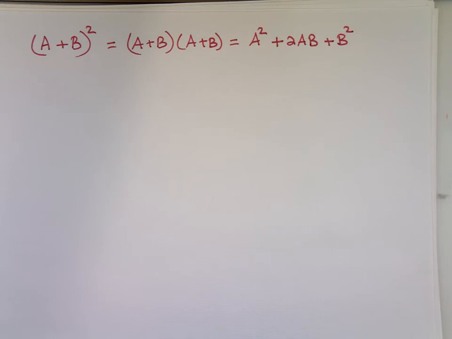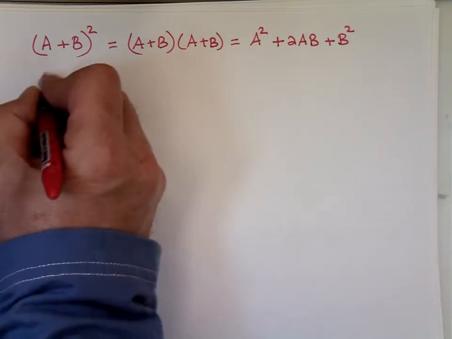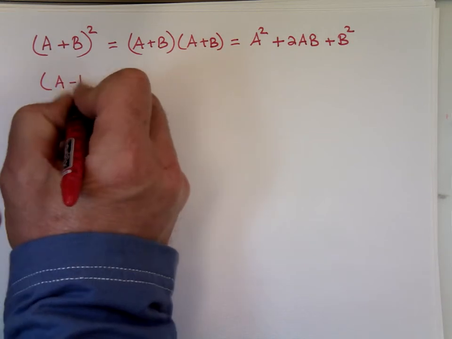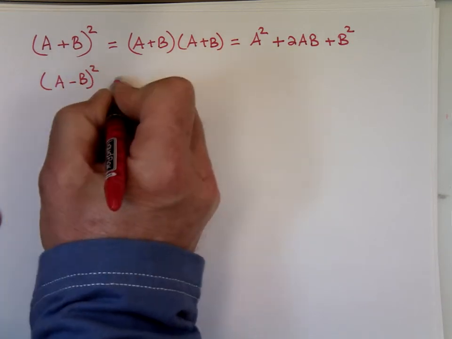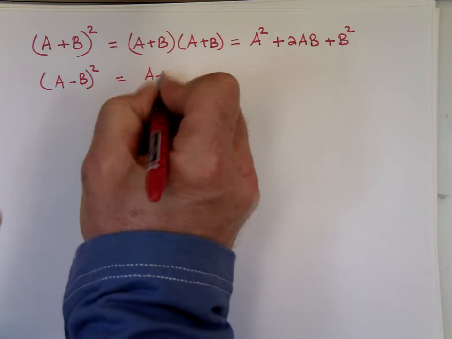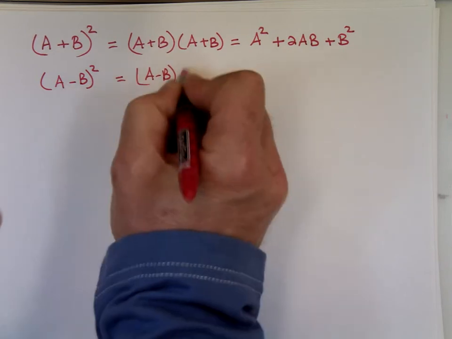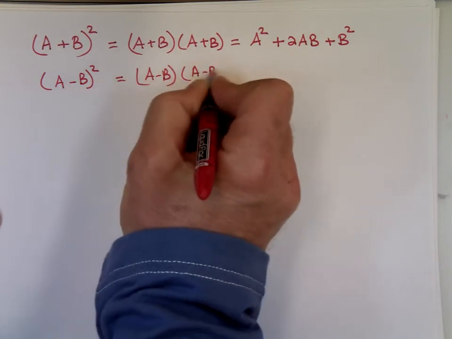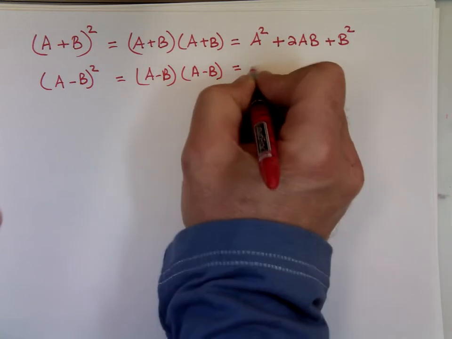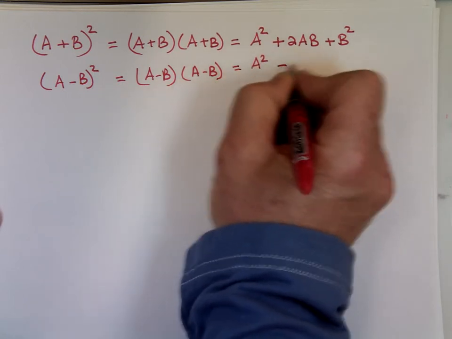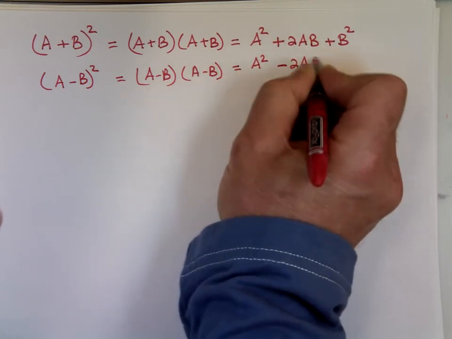The second special case we looked at is a minus b squared. That means a minus b times a minus b. And the answer to that is a squared minus 2ab plus b squared.